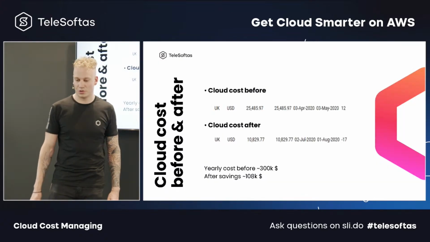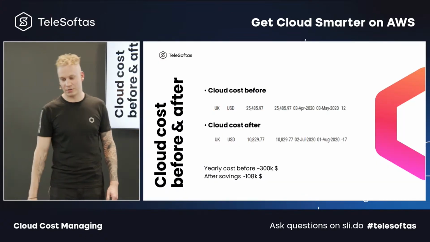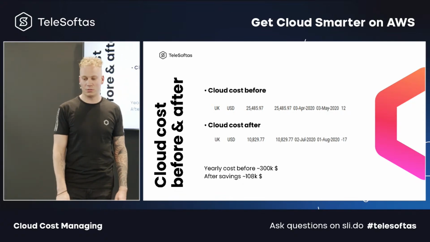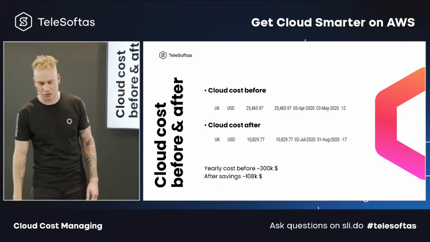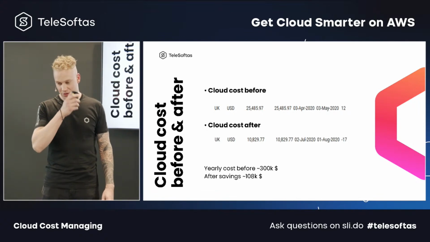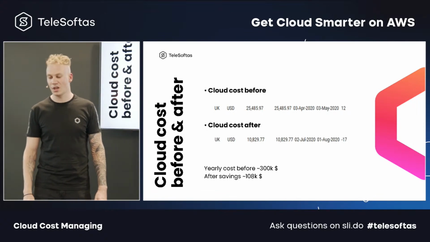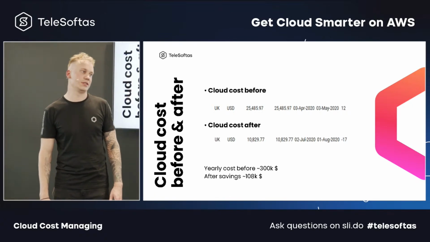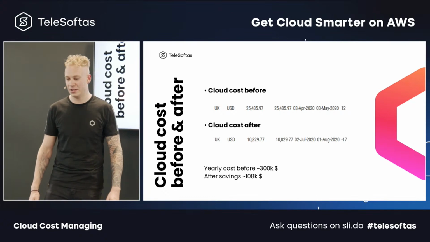I want to show you this slide right here. Cloud cost before: this was before I joined one project, and it was $25,000 every single month. For smaller companies, that can be a lot. For bigger companies, that's not a lot. It's up for debate.